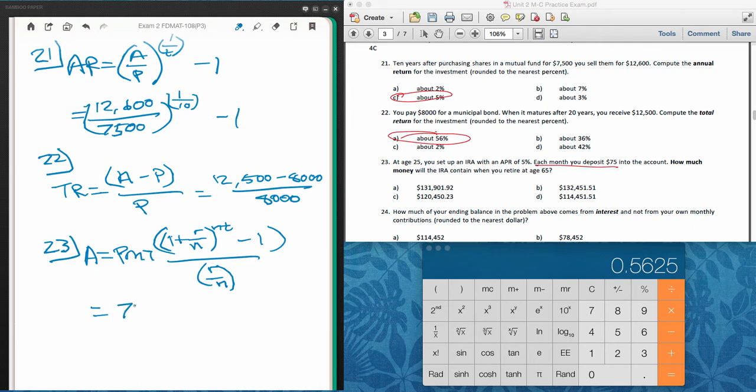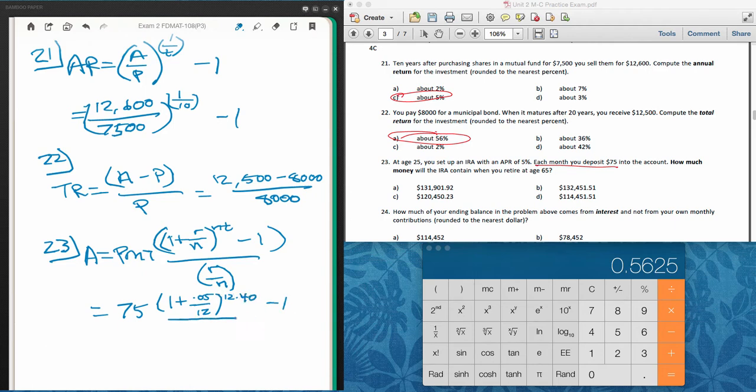So we're doing $75 and 1 plus the rate of 5% divided by 12 compounds, because we're doing monthly payments. 12 times the number of years. 65 is when I retire, 25 is when I start. So 65 minus 25 is 40. So that's how I get this 40 up here.